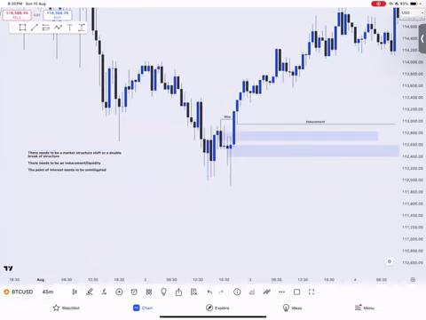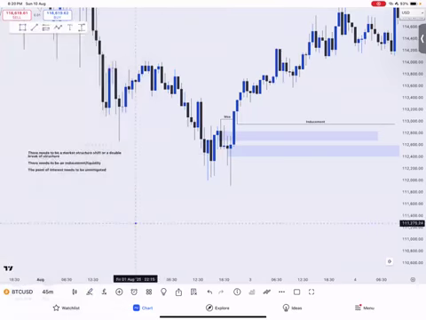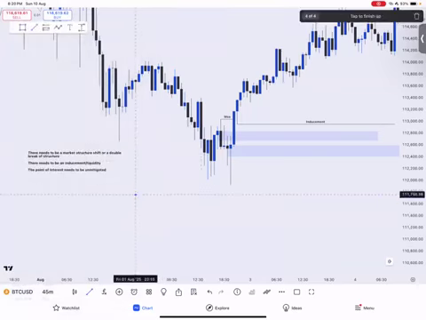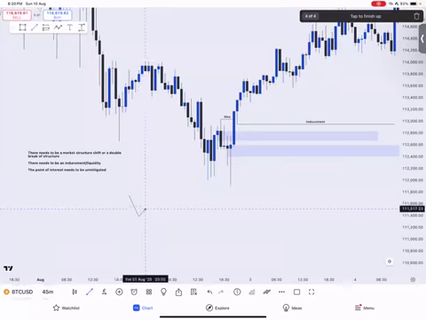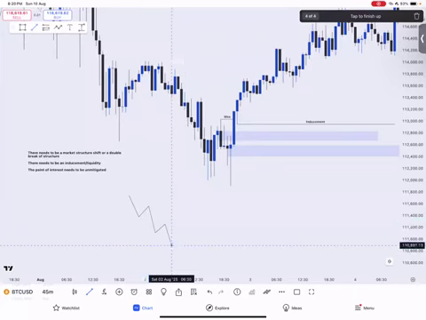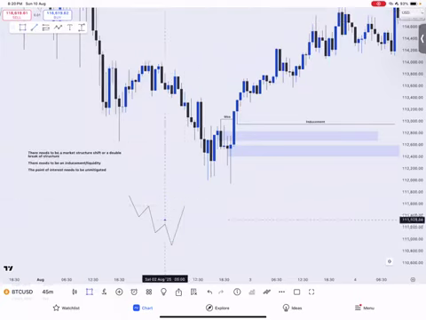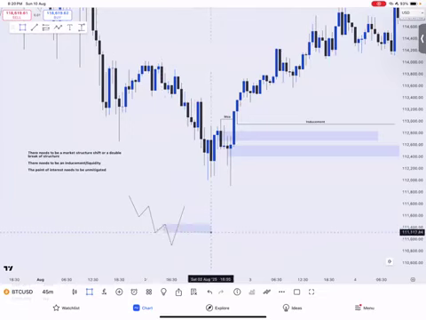Now, first of all, mitigation means price tapping into a point of interest after there has been a market structure shift or a double break of structure. Let's say we had market giving us lower highs, lower lows, lower highs, lower lows, lower highs, lower lows. Then there happens to be a market structure shift. So right here we have a breaker, and down here we have an order block.